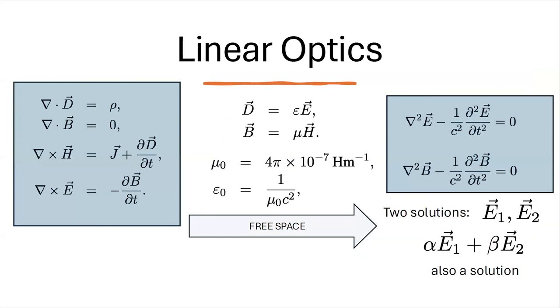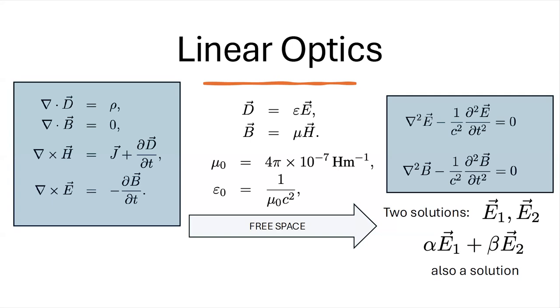So let's put this in a more formal context. If we start with Maxwell's equations, then we know that if we use constitutive relations for the free space, where the vacuum permittivity and permeability are just constants, you can convert these four equations to two independent wave equations, or even actually one equation in terms of the vector potential at the end.